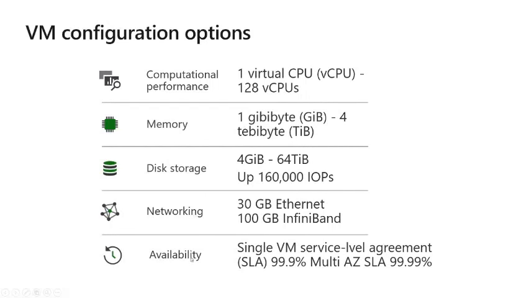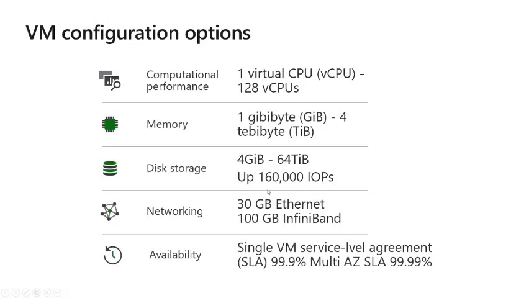For these configuration options, you have different computational performance. You can choose how many virtual CPUs you want, from 1 to 128, and memory from 1 gigabyte till 4 terabytes. You can have disk storage from 4 gigabytes to 64 terabytes, up to 160,000 IOPS.